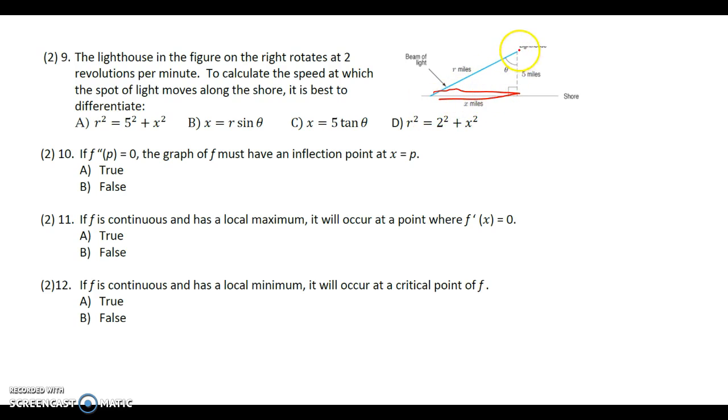X equals theta sine. No, we don't want r. We want this, because we know this number here. If we used r, not only was that an unknown, that's an unknown, right? So we want to differentiate this, because that's not an unknown. And we're not going to use these, again, with two unknowns.